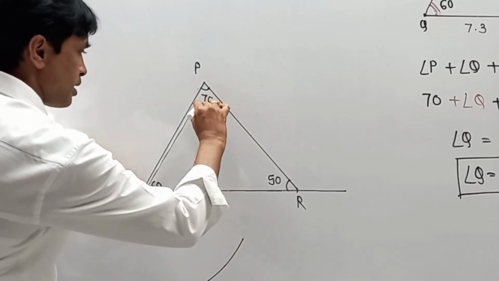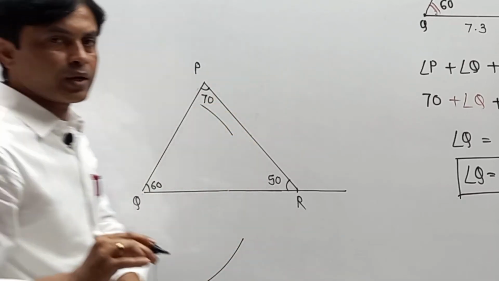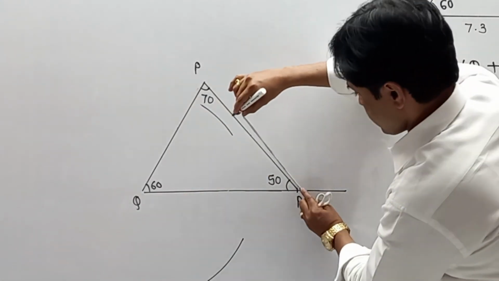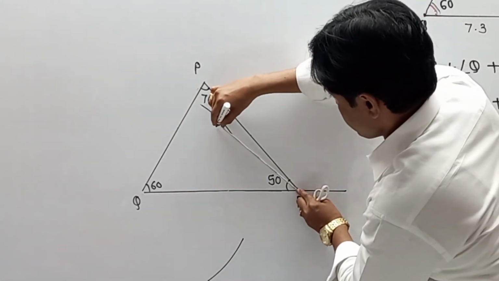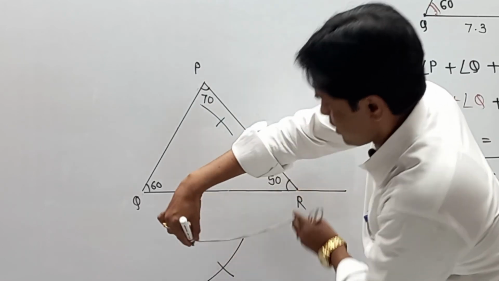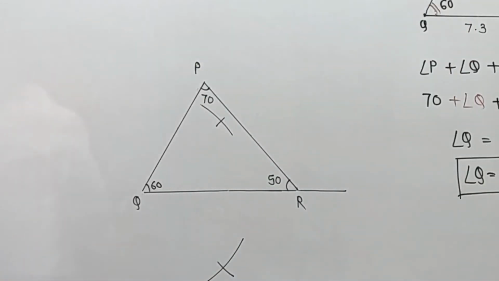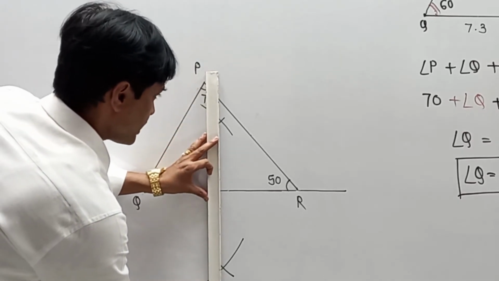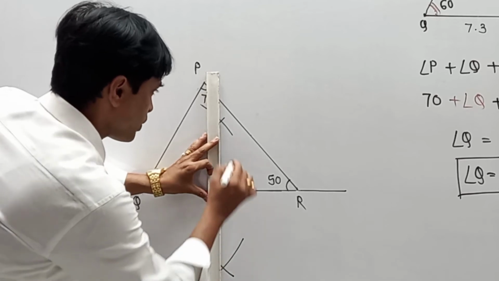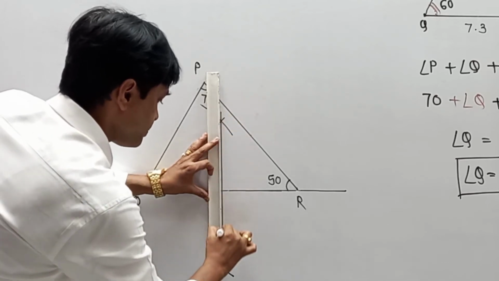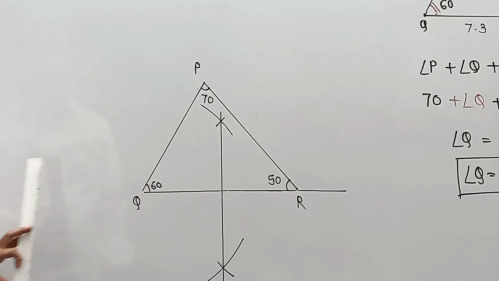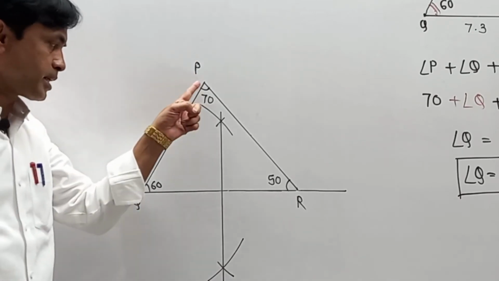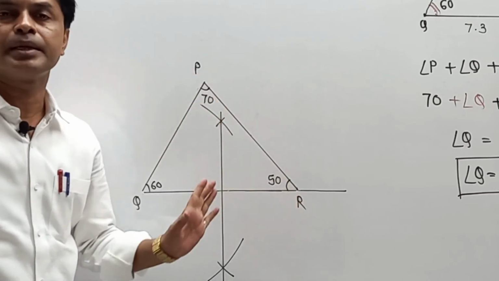Now the step is, again taking a distance more than half over here. First arc, second arc. Now keeping the same distance from R, first arc, second arc. Now here I am going to draw one segment which passes through these two marks, and it is nothing but the perpendicular bisector for QR. Now after that I have to draw the second perpendicular bisector, either PQ or PR, it depends upon you.